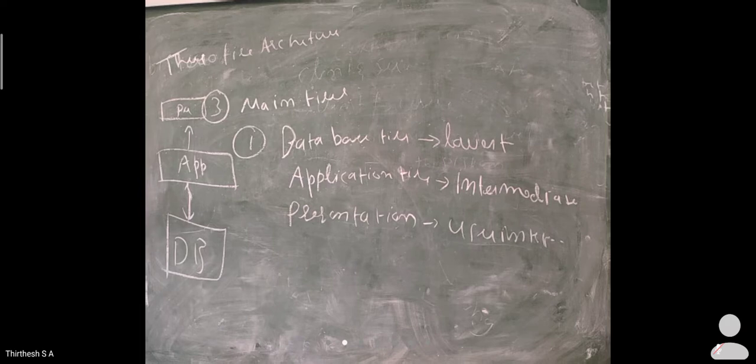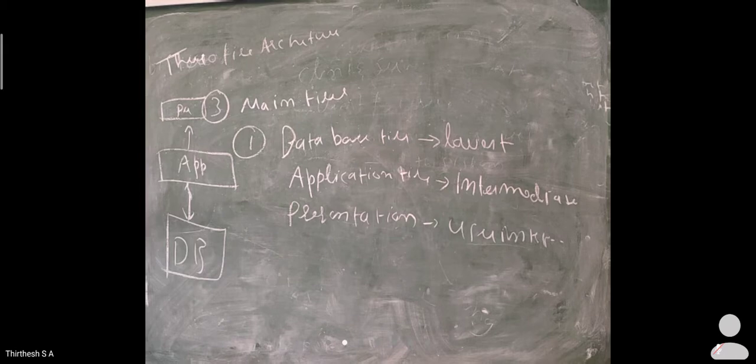Each and every layer, like database, application or presentation layer, is independent to access, it is not dependent on one, but it has an interconnection between the layers. Clear? So now let us learn what those layers are.